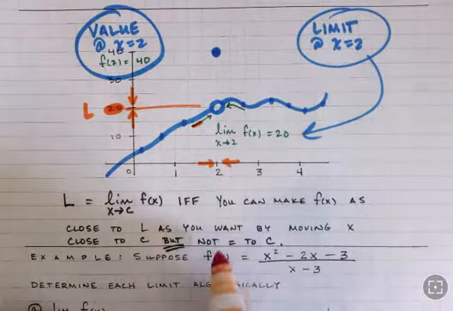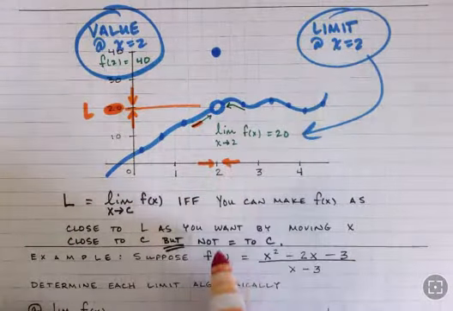On a practical level, if you're trying to find the limit of a function, let's look at this function right here. If you can just plug in the limiting value and get a number, you're done. So for instance, if you look at the limit as x approaches 0 of this function, you plug that in, and you end up with 1.